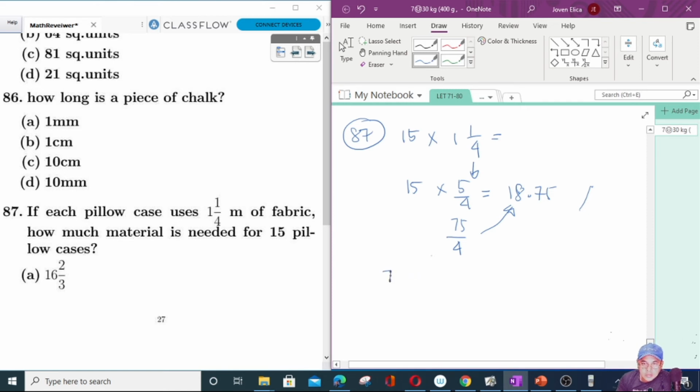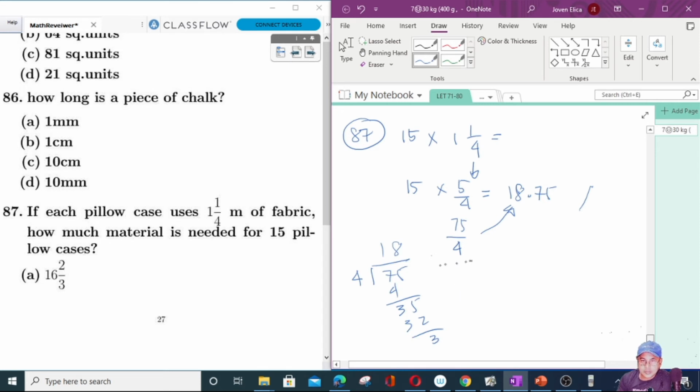Or 75 divided by 4. 4 goes into 7 once, 1 times 4 is 4, 3, bring down 5, 35, 8 times 4 is 32, remainder 3.